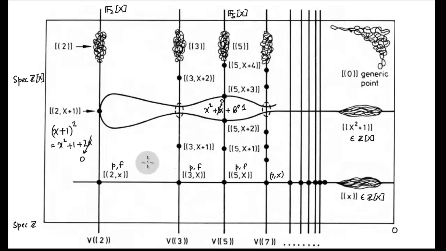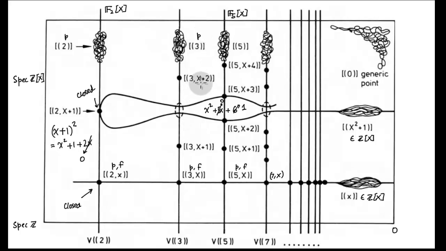Again, if you just focus on this line, you have this prime ideal 2, but notice that this is not maximal, so the closure of this prime ideal will actually give you the entire line. So it is a generic point, not a closed point. This is a closed point. This is also a closed point, and as we said, this prime p is not closed. Similarly, 3 here is not closed.